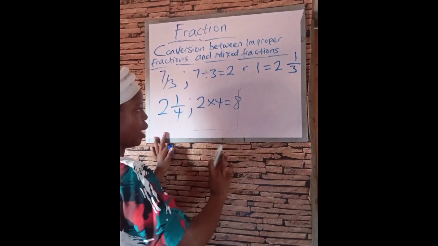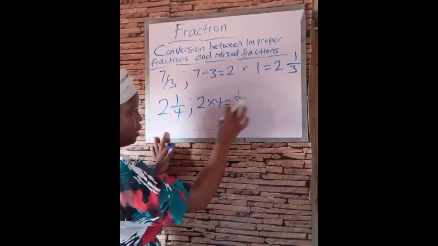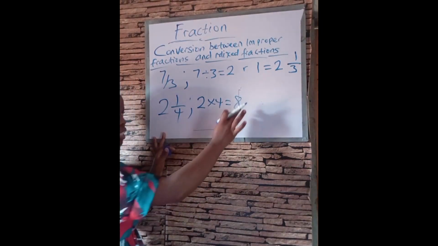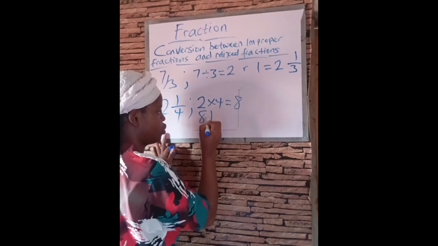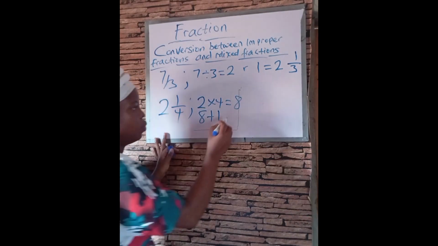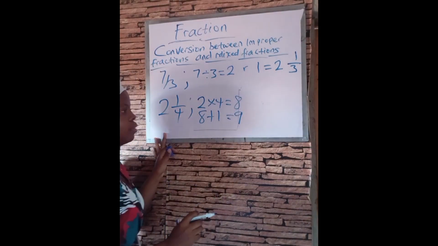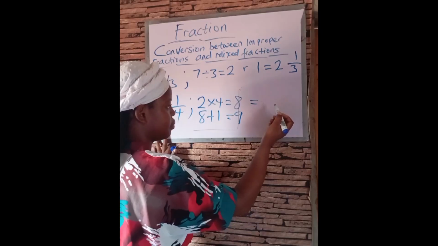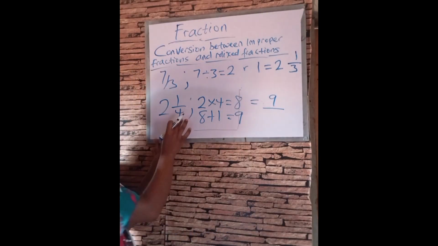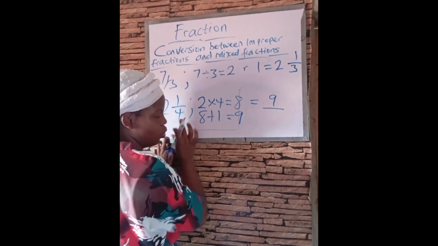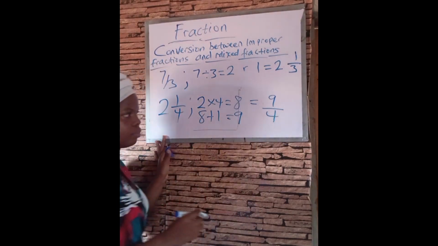Then after that, you add 8 to the numerator. So we have 8 plus 1, which is 9. So your answer will be 9 over, here as well you keep the denominator, 9 over 4.